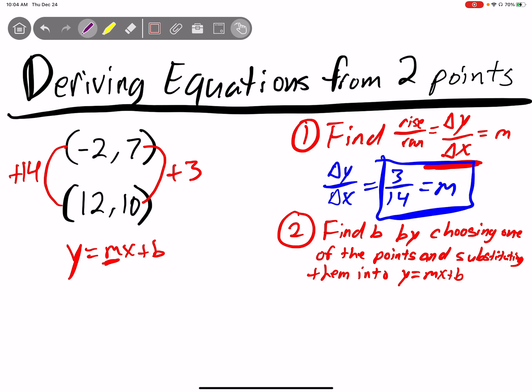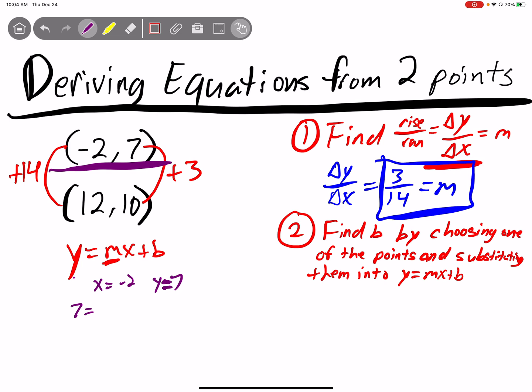I'm going to choose -2, 7. So this means that my x is going to equal -2 and my y is going to equal 7. Okay? Y equals 7, x equals -2. So as I solve this, here's what this looks like. I know m is 3/14. So y is going to become 7.